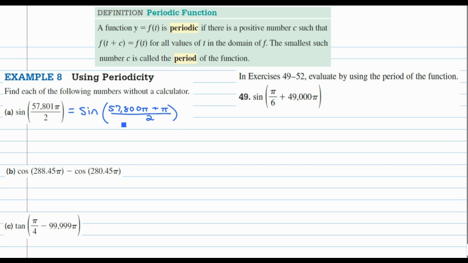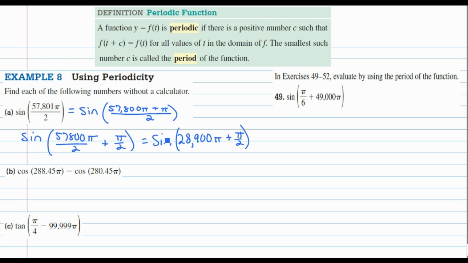Well, now I'm going to split these up so I can say that this is the sine of 57,800 pi over 2 plus pi over 2. Luckily for me, 57,800 is divisible by 2. So this is really the sine of 28,900 pi plus pi over 2.